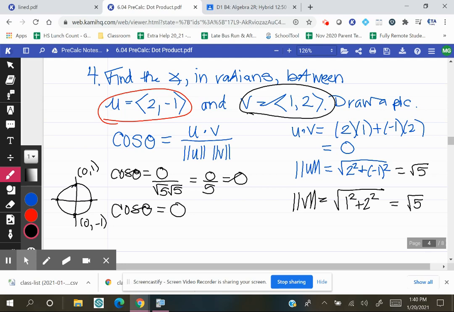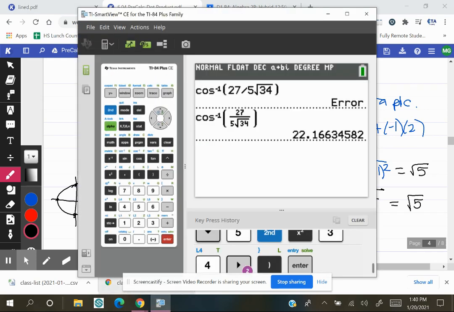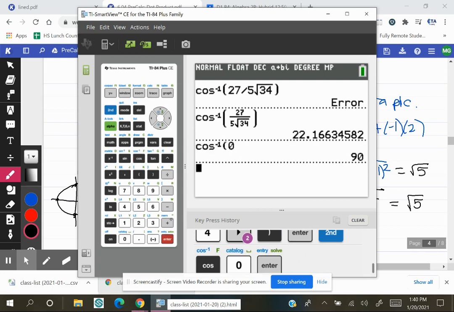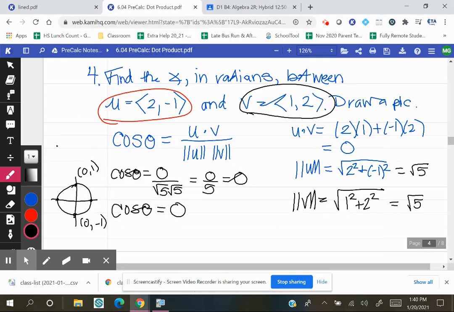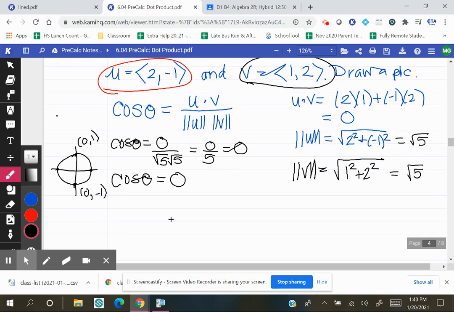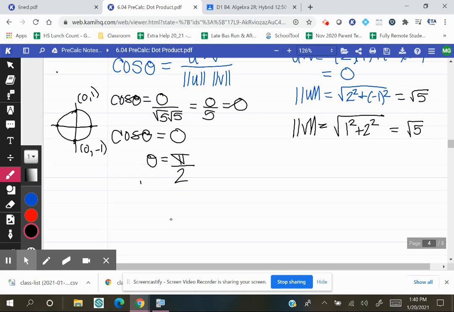If you did put it in your calculator, you could put in inverse cosine of 0, and it gives you your 90 degrees. So we know it's either going to be 90 or 270. And if you look at your picture, and we know 90 degrees is pi over 2, or 3 pi over 2 for 270 degrees.